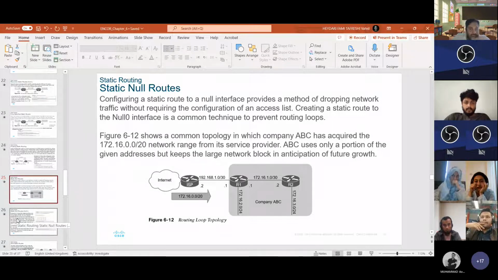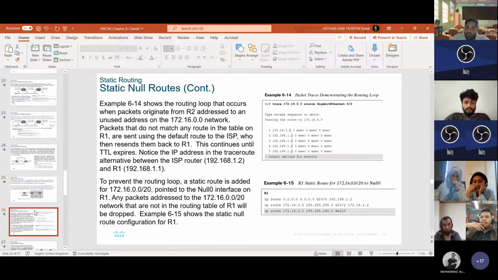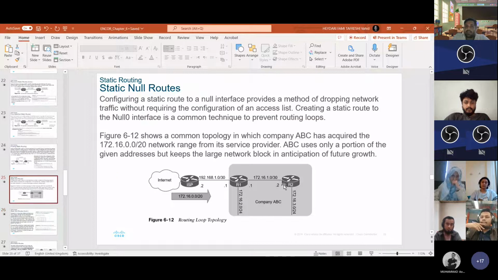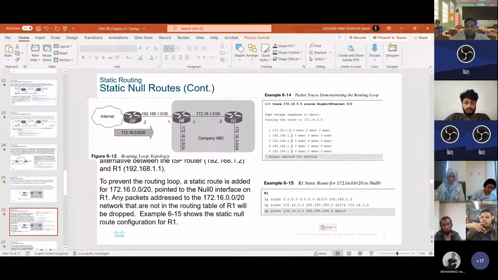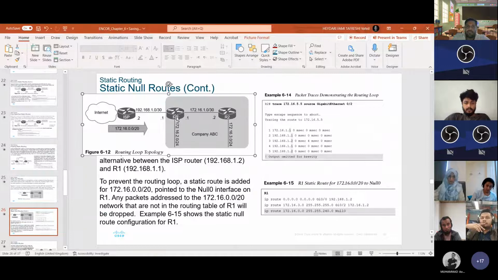Now, the issue is that whenever this guy on R2, let's say, whenever this router is going to send ping packets or traceroute packets for this IP address, because we have defined a summary route, that address refers to 2 things.